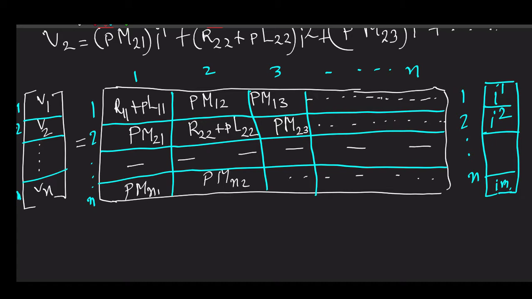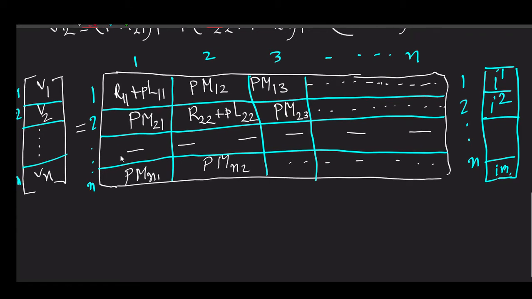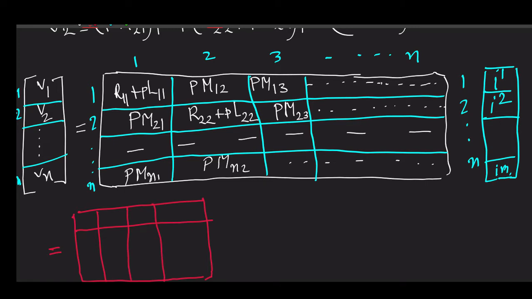So from this, we can go for further diagonalization. Due to shortage of space, I need to write it in a compact manner. Here it is.